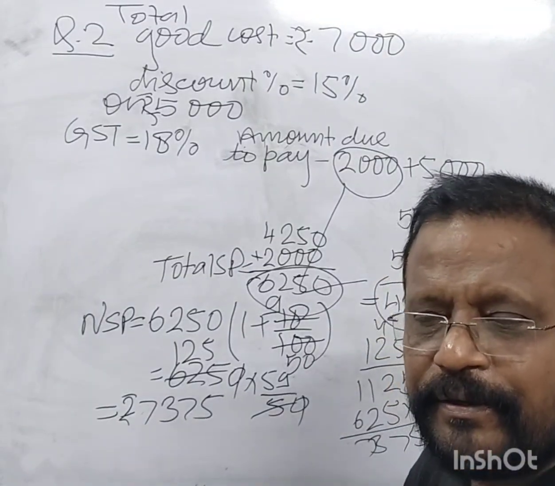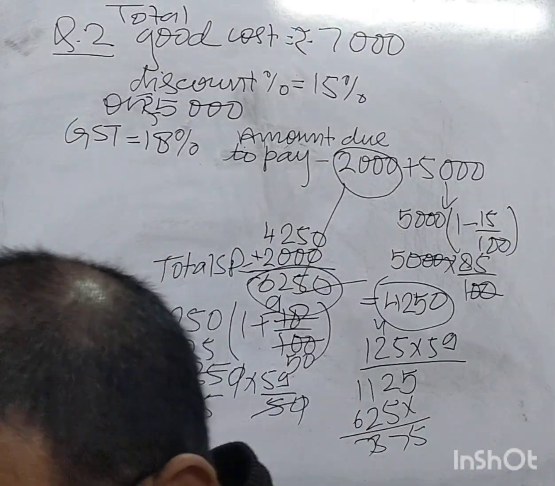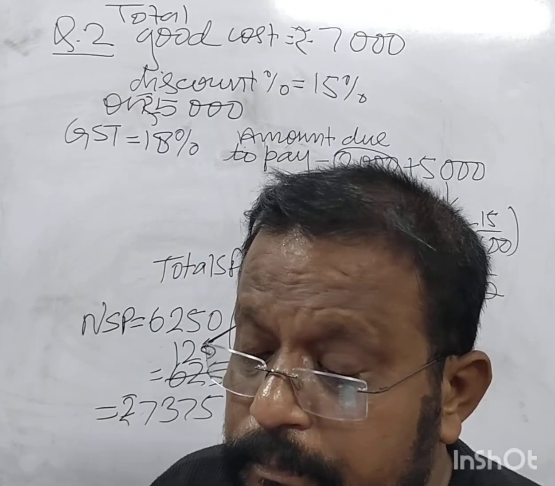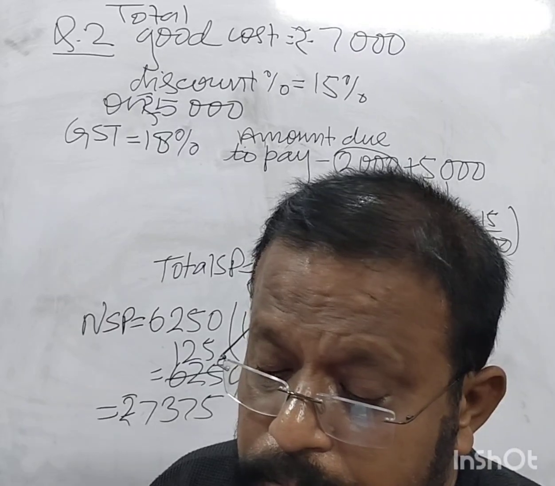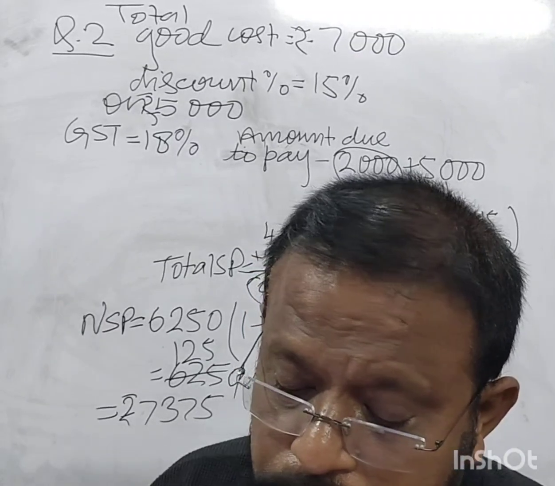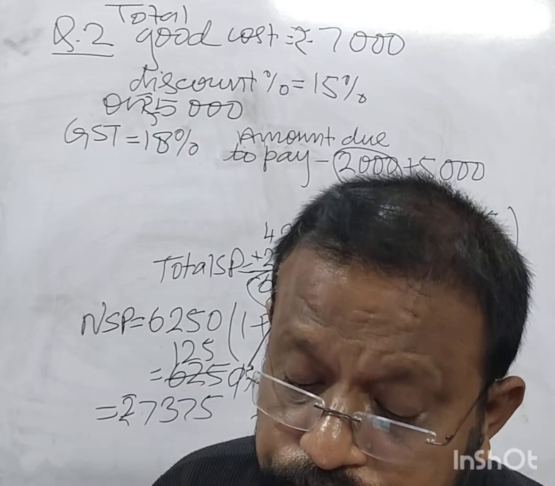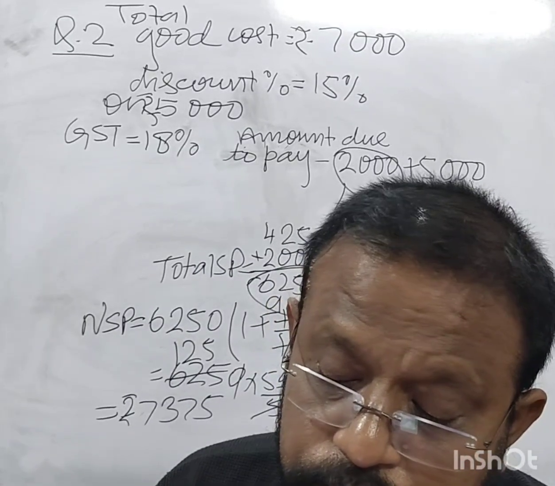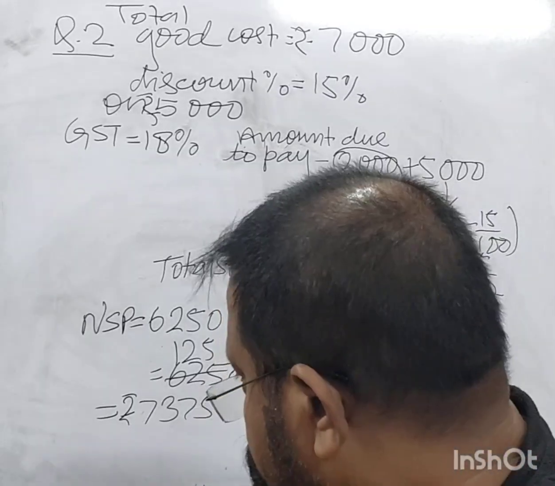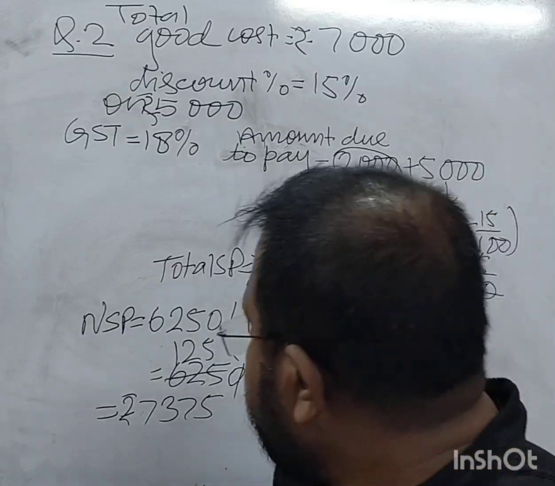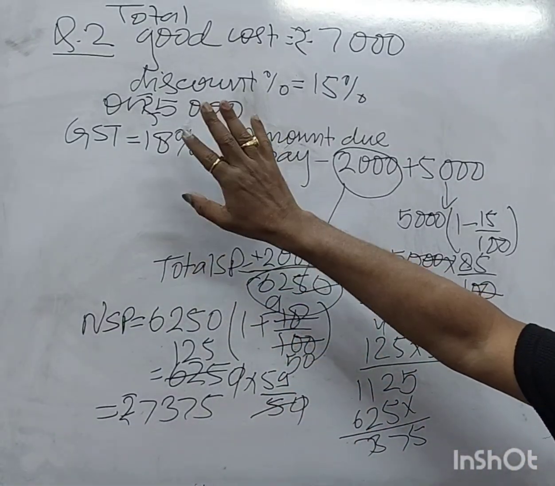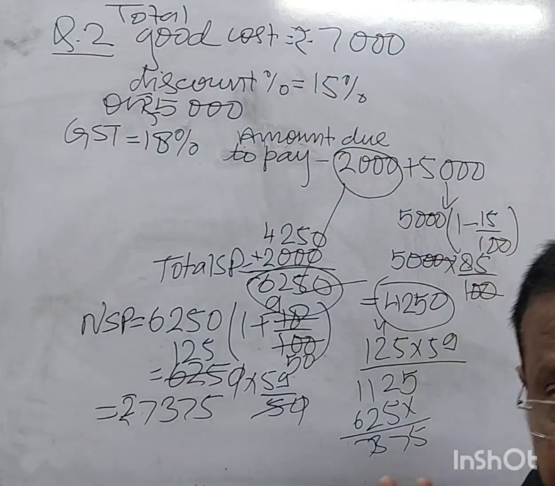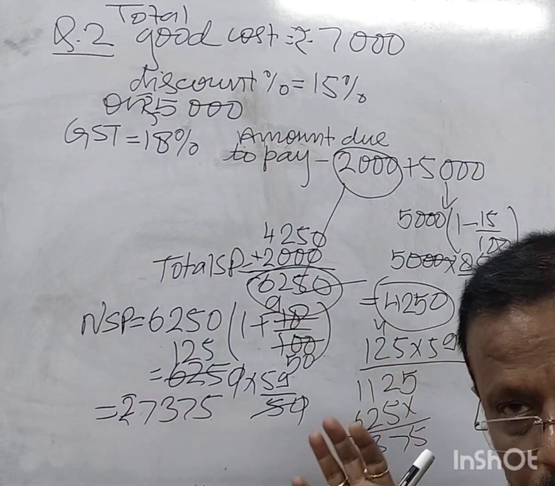7,375, right? This is how we did it, because there was discount only on 5,000 rupees, but she purchased goods costing 7,000 rupees, but she will get discount only on 5,000 rupees.